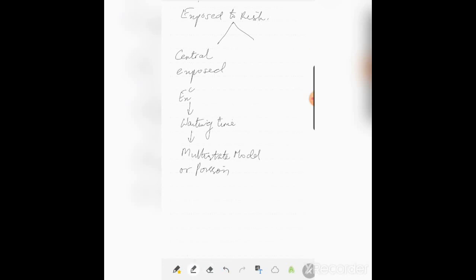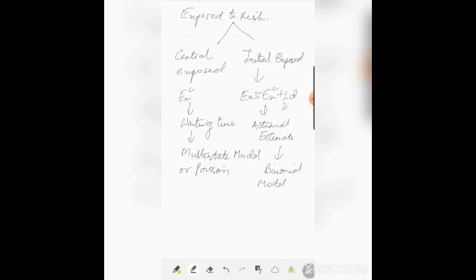So on the other side we have the initial exposed to risk, and we can bring the relationship through an approximation, which says initial exposed to risk is equal to central exposed to risk plus half of the number of deaths that have occurred during that particular period, which is more like an actual estimate, which we'll talk about later, in the binomial model. So that's why we use the initial exposed to risk.